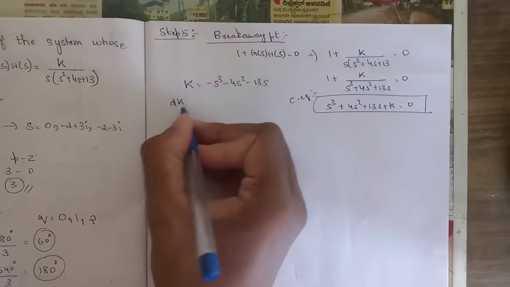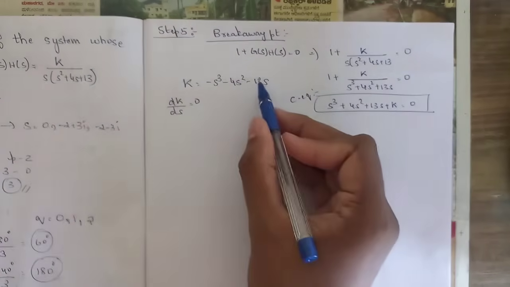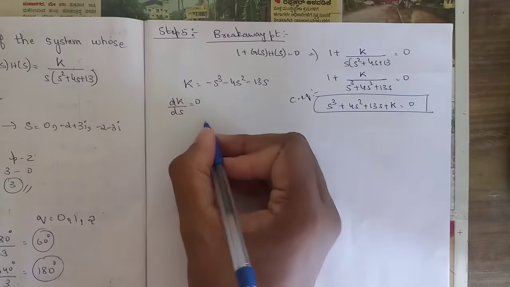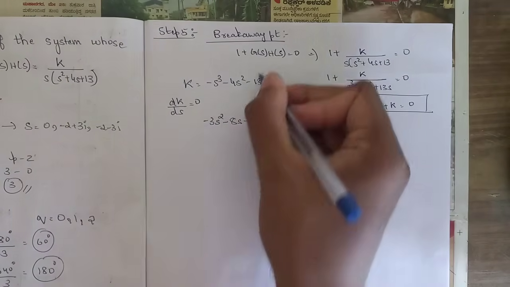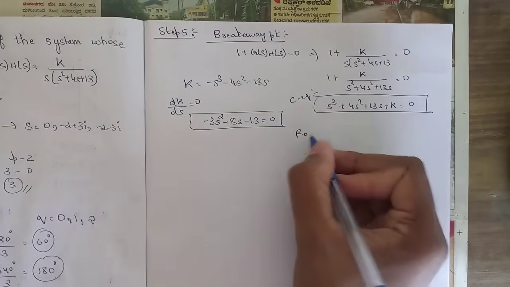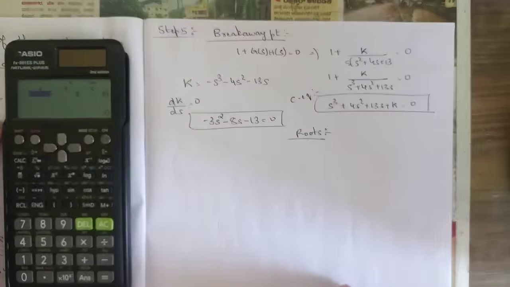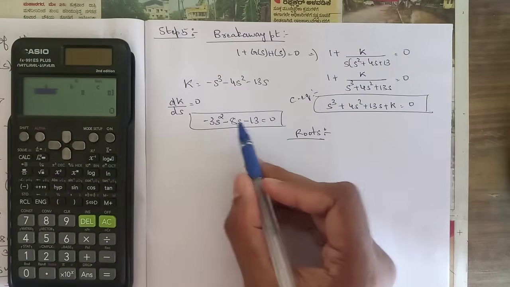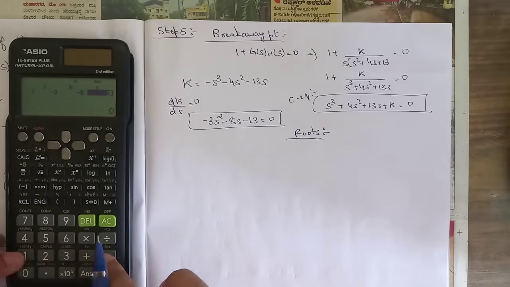So now we need to compute dk by ds equal to 0, right? Differentiation of this term with respect to s: minus s cube gives minus 3s square, minus 4 2s are 8s, minus 13 equal to 0. So now for this equation we need to find the roots. In the calculator the coefficients are minus 3, minus 8, minus 13.